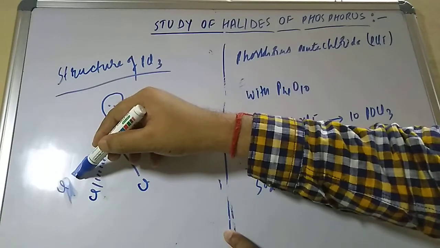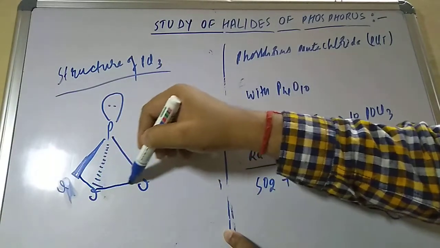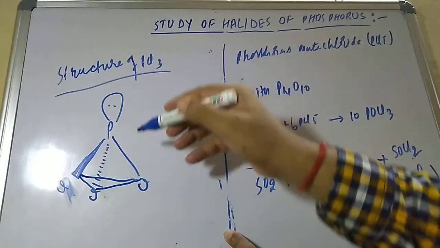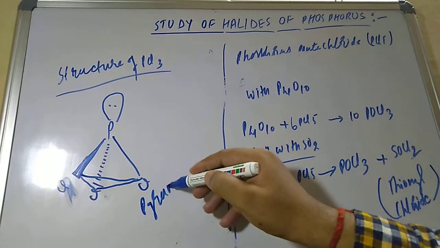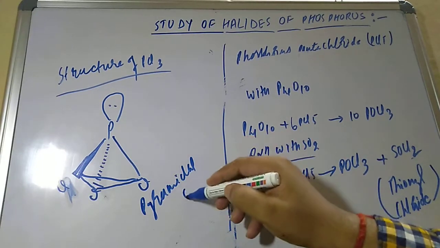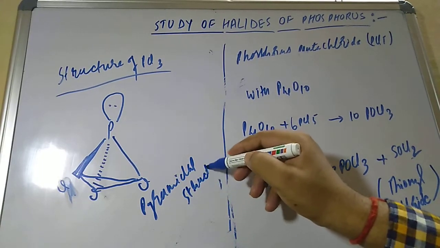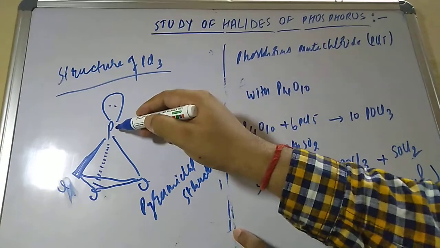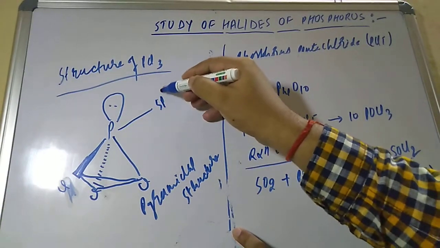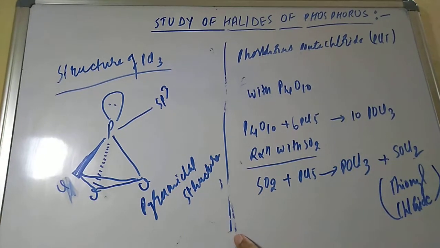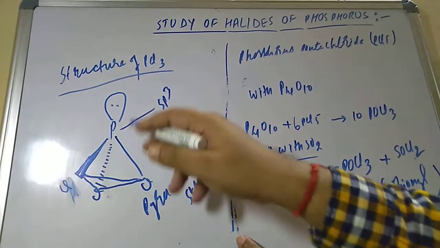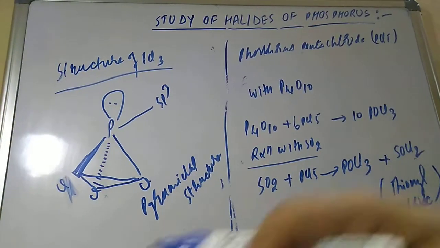So what you will find is known as pyramidal structure. And this is sp3 hybridization, with 3 bond pairs and 1 lone pair of electrons formed.